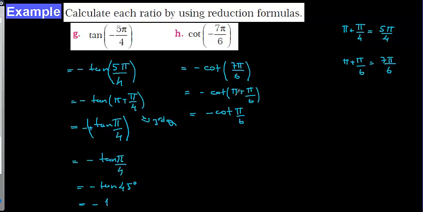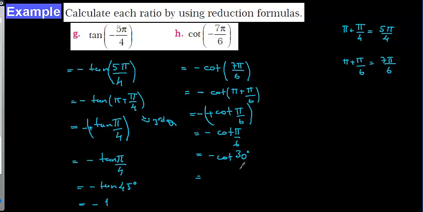In the third quadrant, cotangent is positive, so the sign for pi plus pi over 6 is going to be plus, and the minus sign that was there continues the same. So minus and plus is going to be minus cotangent pi over 6. Minus cotangent pi over 6, when we say pi is 180, 180 over 6 is equal to 30.